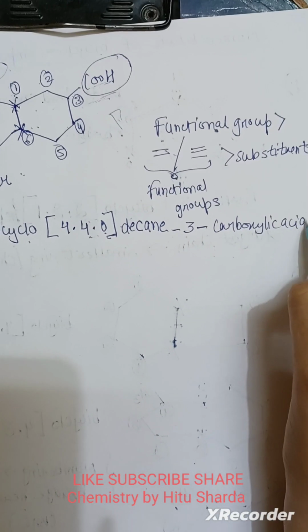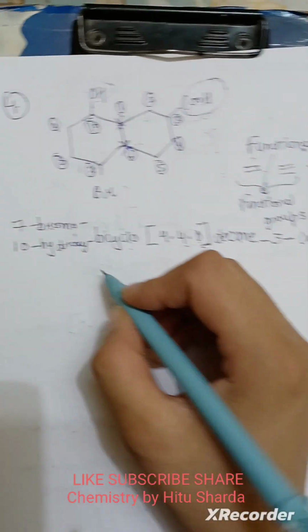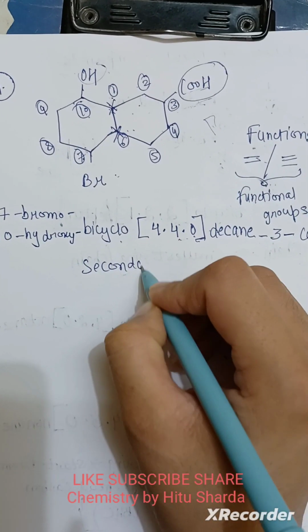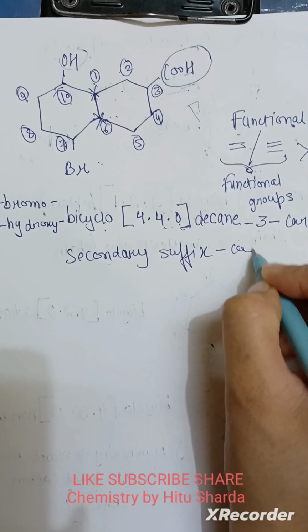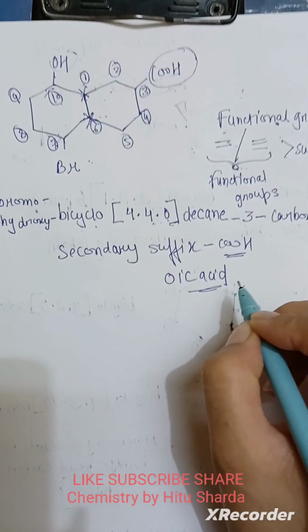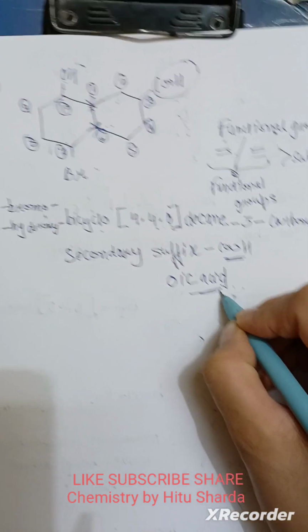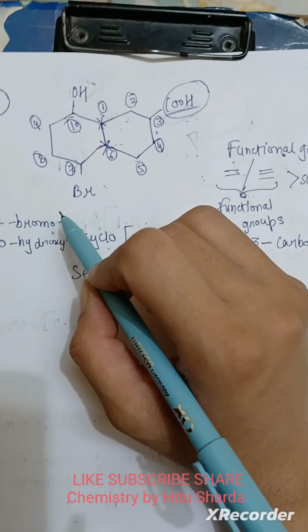Carboxylic acid. As you know, the secondary suffix of the COOH group, what is that? That is oic acid, right? But this is the case when the carbon of the carboxylic acid is included in the chain.